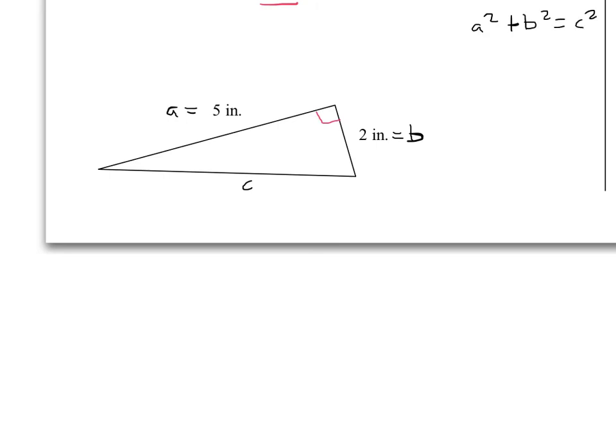We will plug in what we know. 5 squared plus 2 squared is equal to C squared. 25 plus 4 is equal to C squared. 25 plus 4 is 29. Is equal to C squared. So the length of this side is 29 inches.